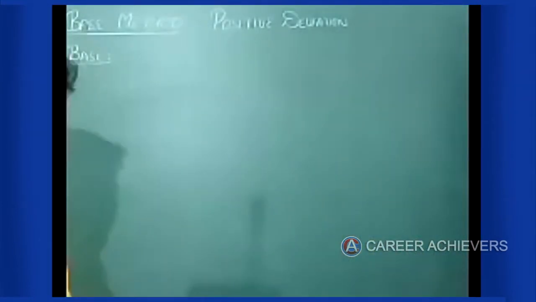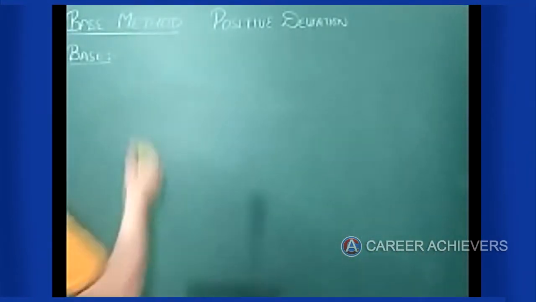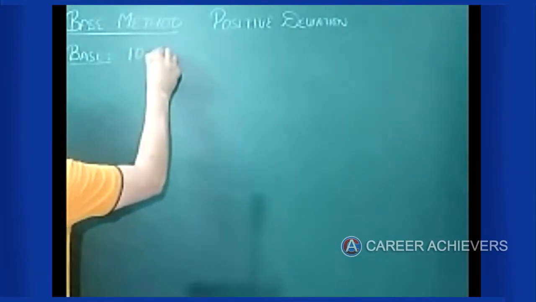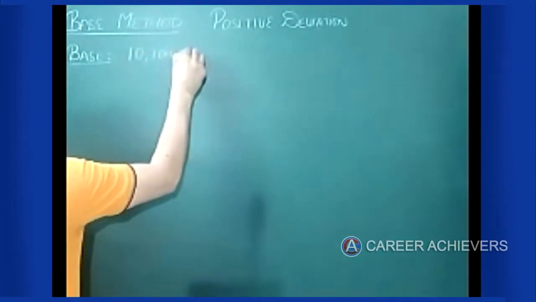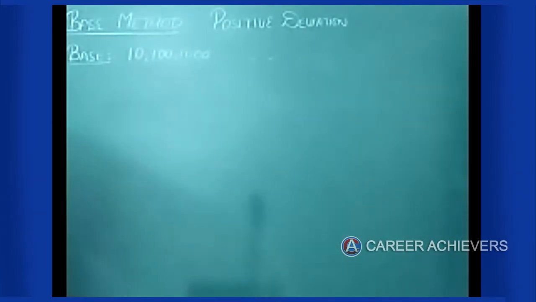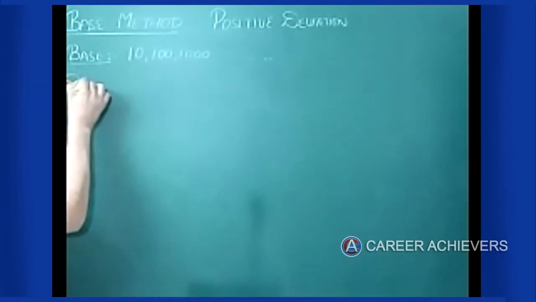10, 100, 1000, 10,000, and so on. Yes. Any number which begins with 1 and is followed by 0, like 10, 100, 1000, 10,000, and so on. And the next, we learn about deviation.